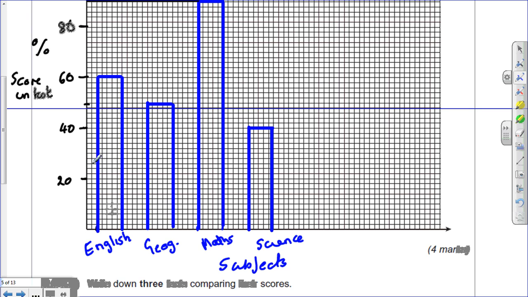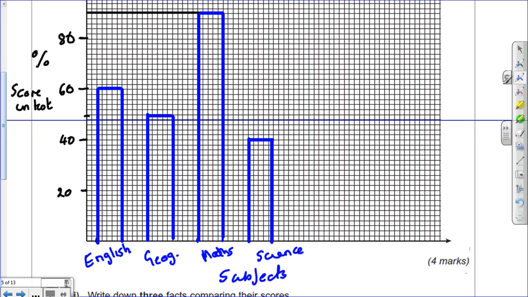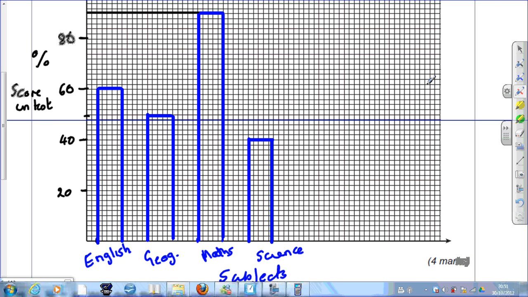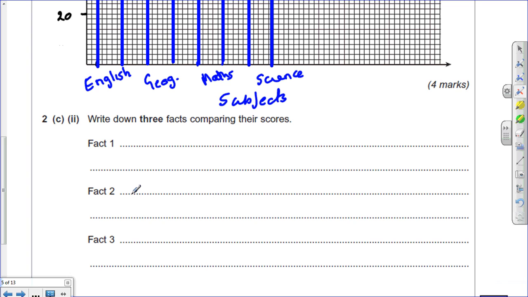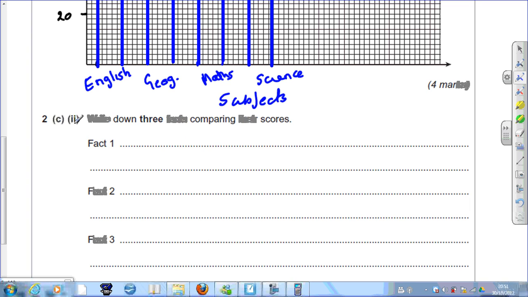Question 2C, part 2. Write down 3 facts comparing their scores. Comparing their scores. Well, let's just be methodical here. What's the first subject? In English. That's the first one we looked at. Nick scored 60.